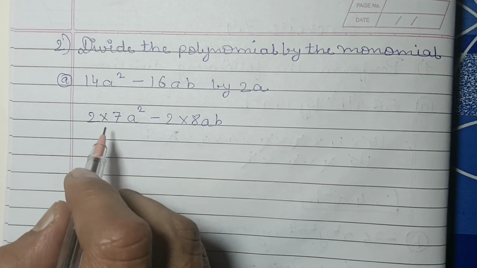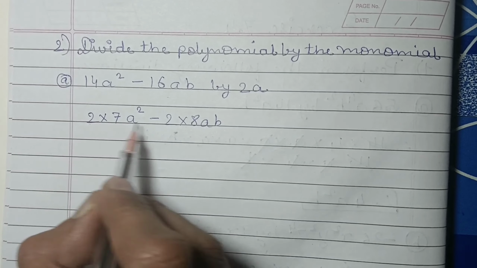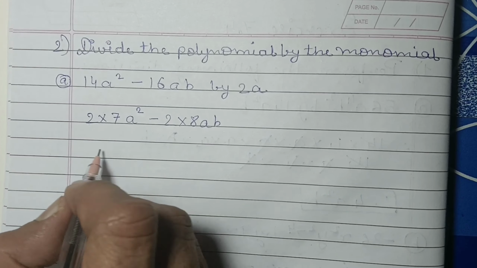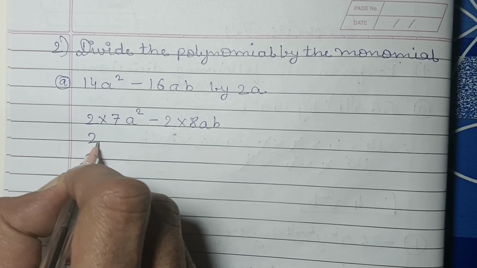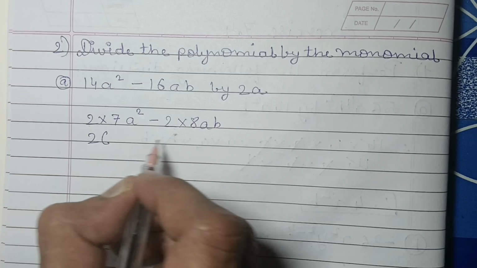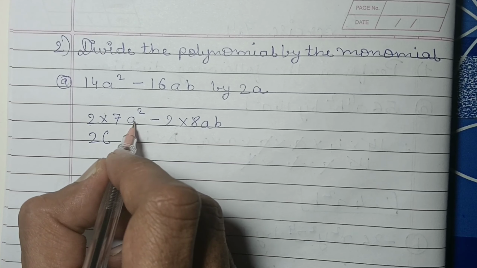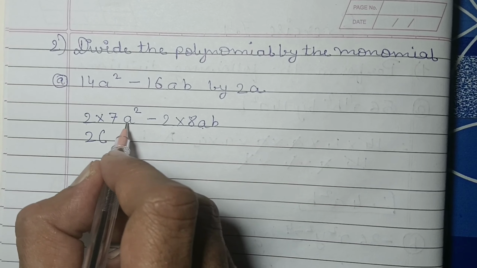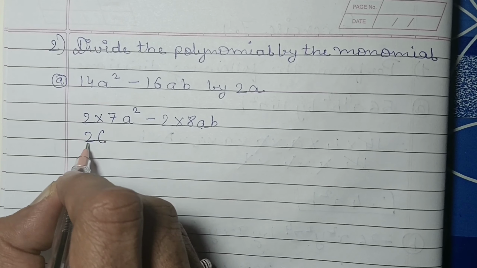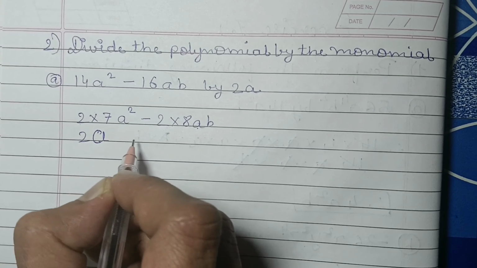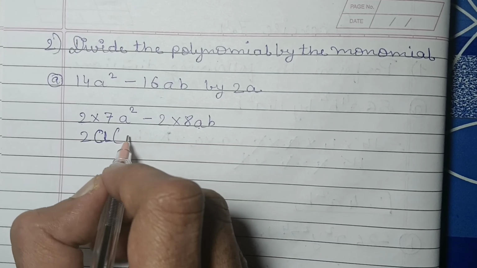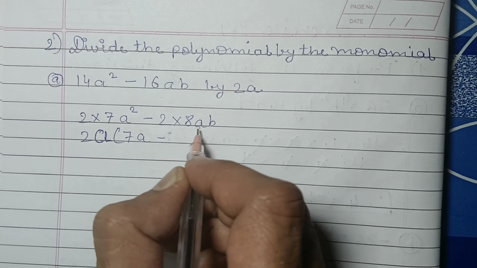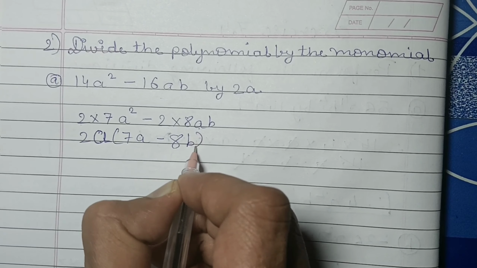Okay, so we can see that 2 is common in both the terms, so we can take out 2 common. Also here we can see that here a square and here a is there, so we can take out a also common from this. So we can take 2a common, and the remaining term will be 7a minus 8b.